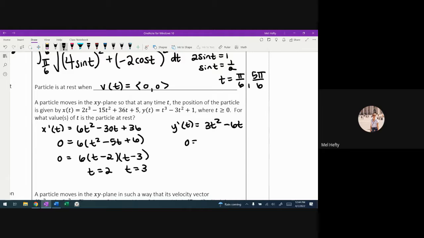Must set that equal to 0. We got a GCF again. Let's go a little bigger: 3t, so I got t minus 2. So I get t equals 0 and t equals 2. There is one singular time that is my answer. What is it? t equals 2, because we're not moving horizontally and we're not moving vertically.